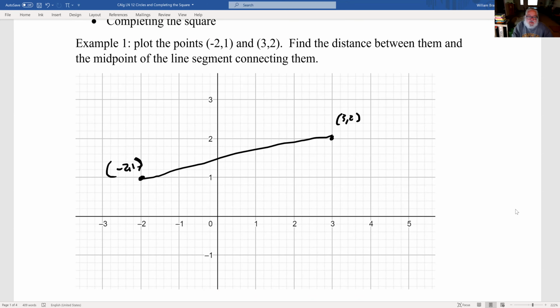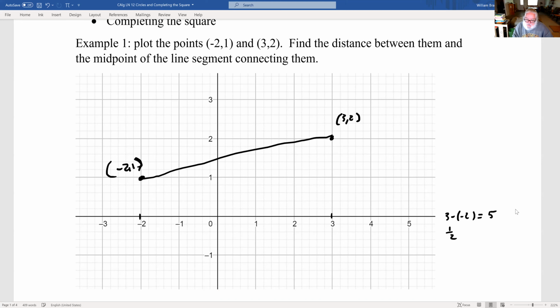So the midpoint is not too hard to find, right? It goes from -2 to 3 on the x-axis. What's halfway between there? Right, that's 5 units. 3 minus -2 equals 5.